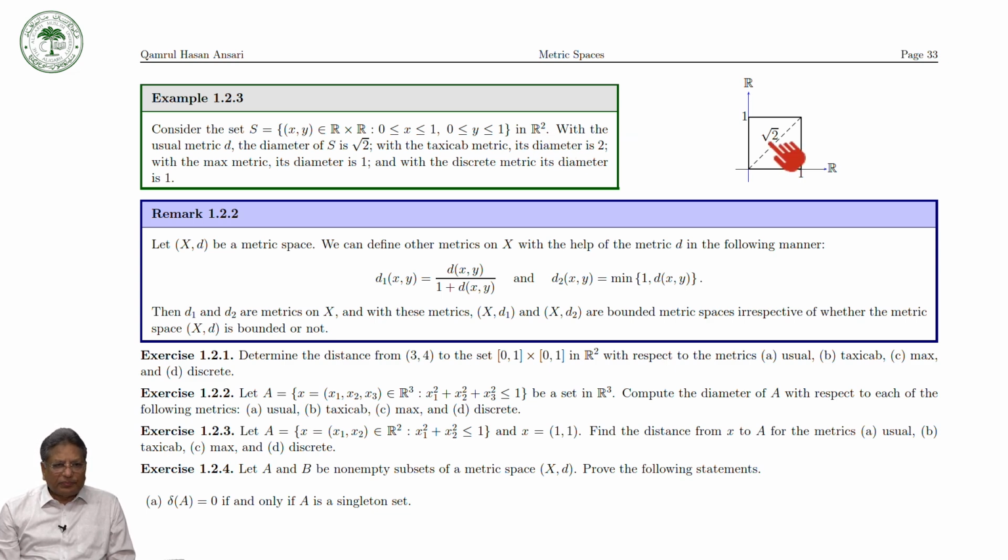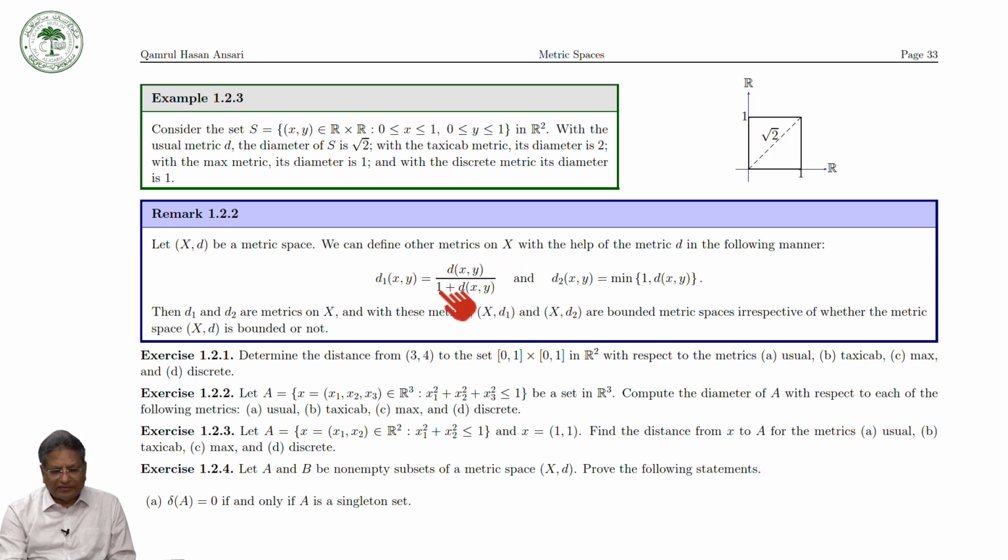Now, suppose (X, d) is a metric space. Then with the help of this metric, which is already given on the set X, we can always define several other metrics. How can we define them? We can define d1(x,y) equal to d(x,y) divided by 1 plus d(x,y).